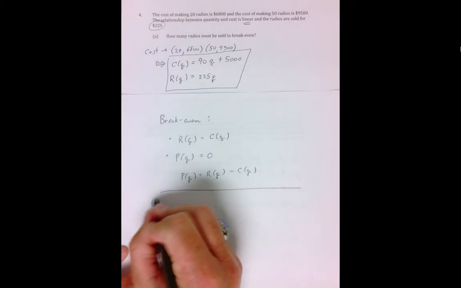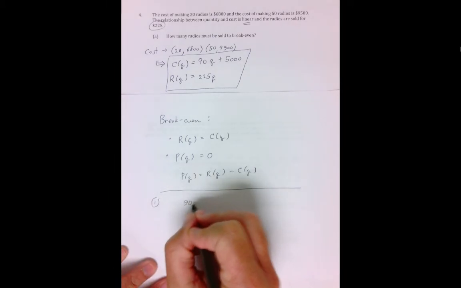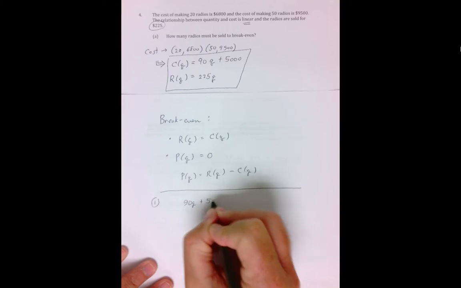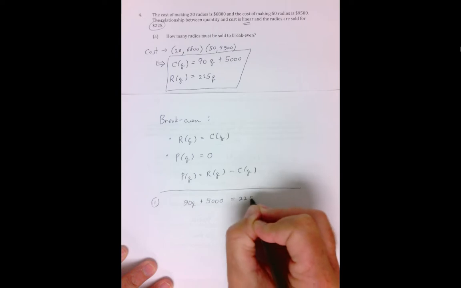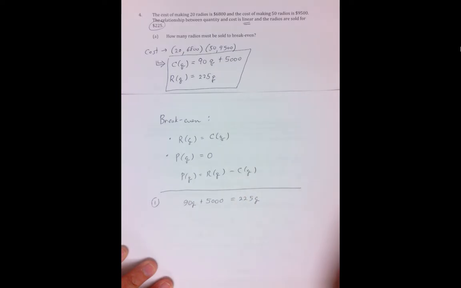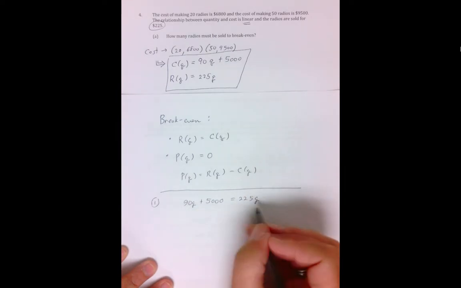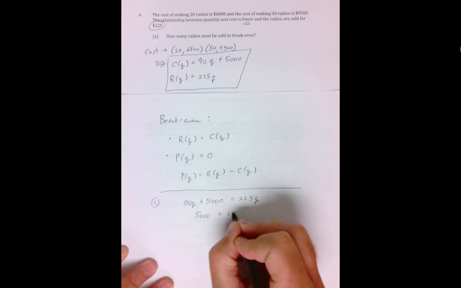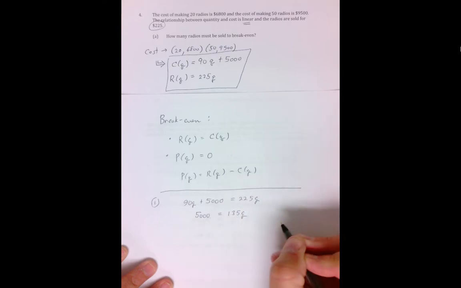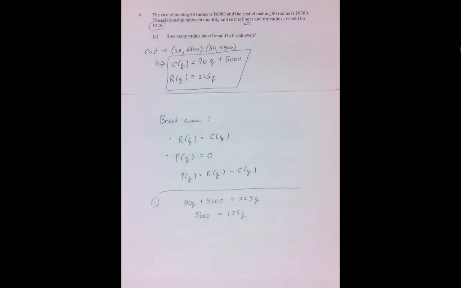Now I'm going to work it both ways just to make a teaching point here. So the first way I can do that is just set the 90Q plus 5,000 equals 225Q equal to each other. I'm going to subtract 90Q from both sides. And then I'm going to divide both sides by 135.